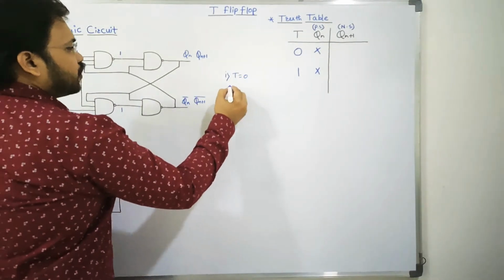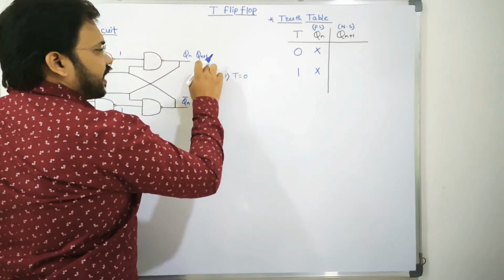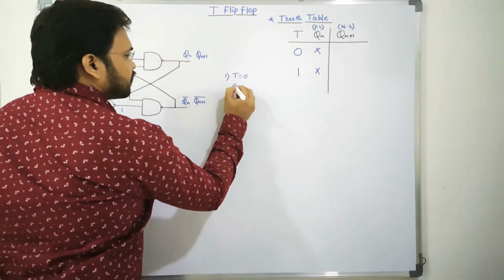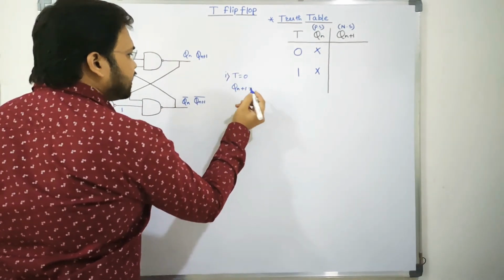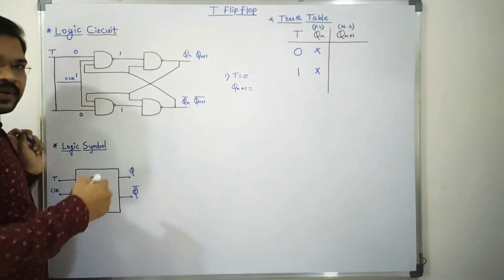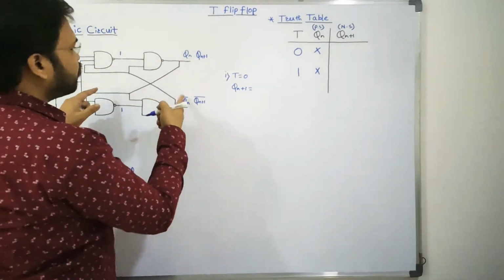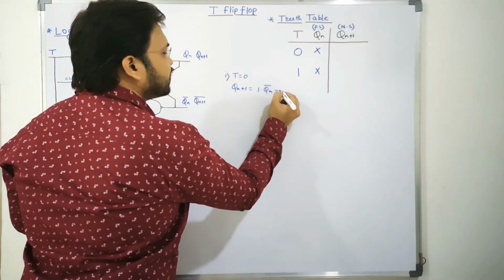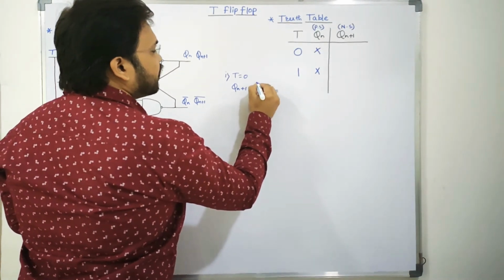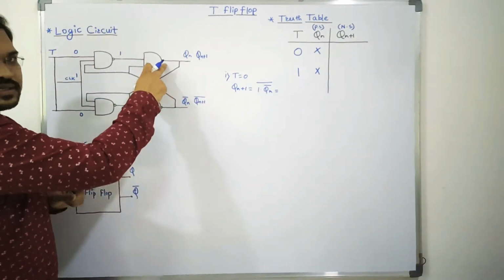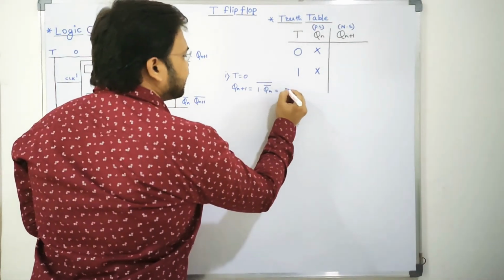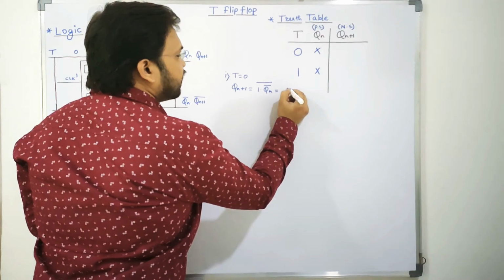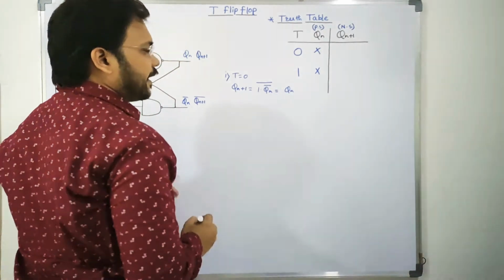So as we are finding the value for Qn plus 1, Qn plus 1 is equal to 1 into Qn bar whole bar because of this complement. So 1 into Qn bar whole bar is Qn.